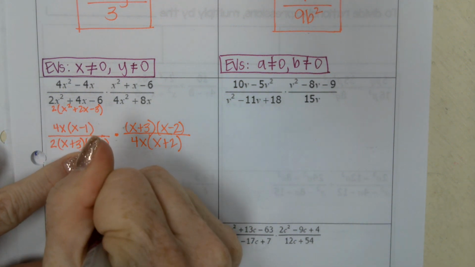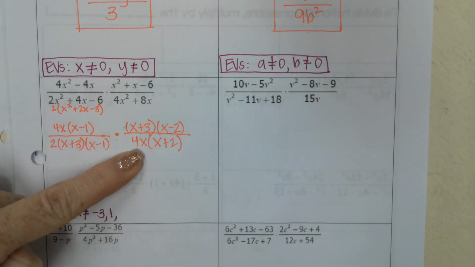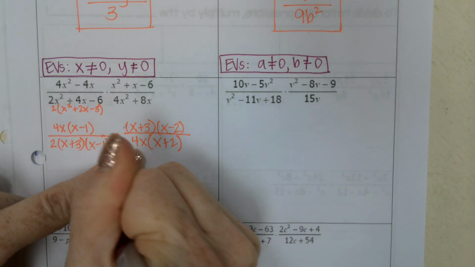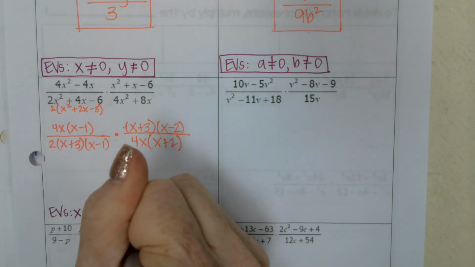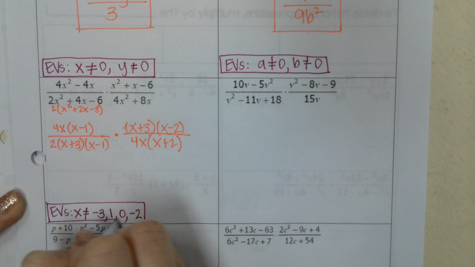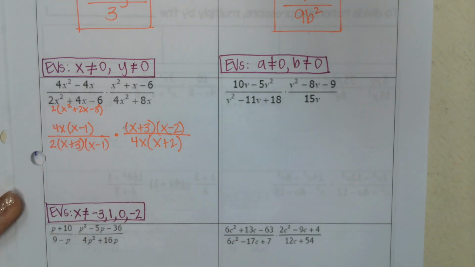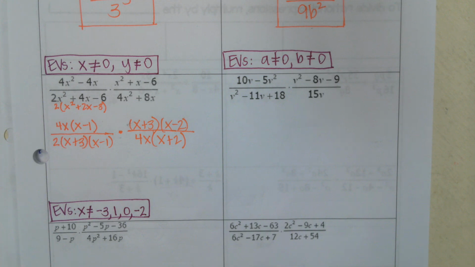The next one, x cannot equal positive 1. What about this 4x? 0, good. And what about this plus 2? Negative 2. So I had 4 excluded values right there. Remember, we don't care about anything if it doesn't have a variable.